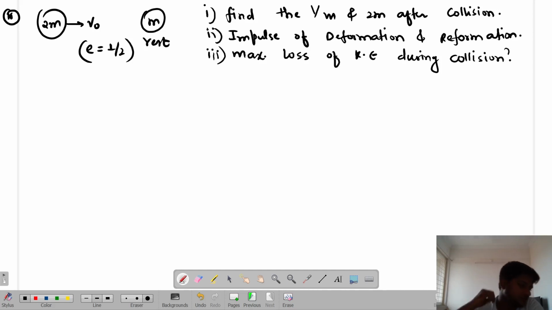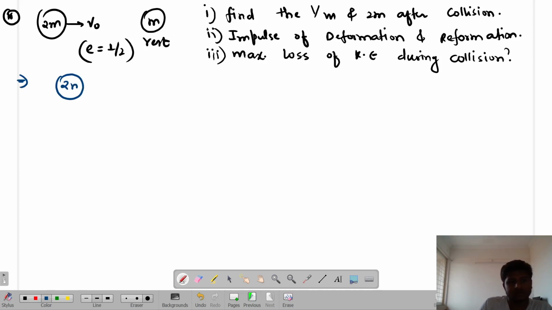Then V1 is equal to V naught by 2. Let us see that. Correct. It is correct. So velocity finding is easy.